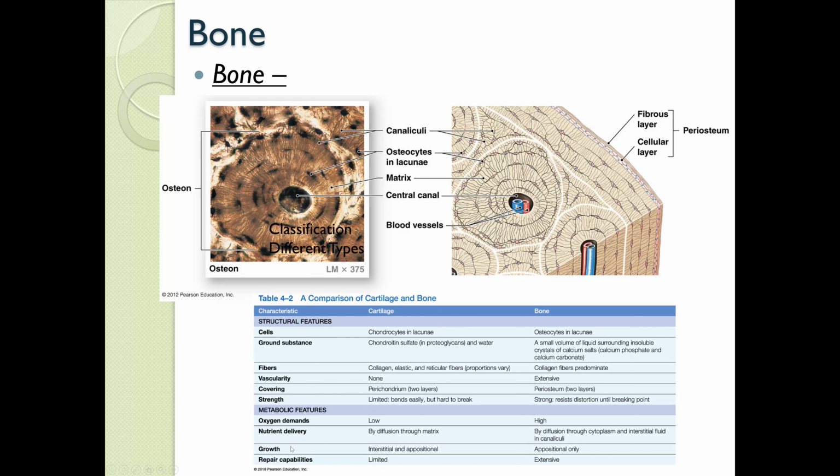Growth, we're not really going to talk about the two different types of growth, but cartilage has two different ways that it can grow, interstitial or appositional, and bone only grows by appositional. And then the repair capabilities are limited in cartilage tissue, again, because it doesn't have a blood supply, whereas bone can heal itself very well, and we'll talk a lot about that in Chapter 6.